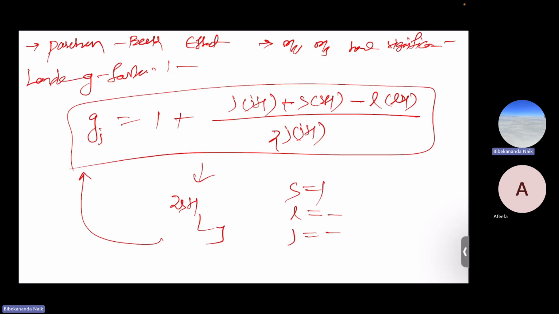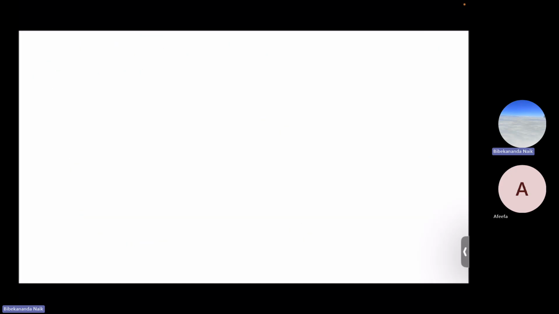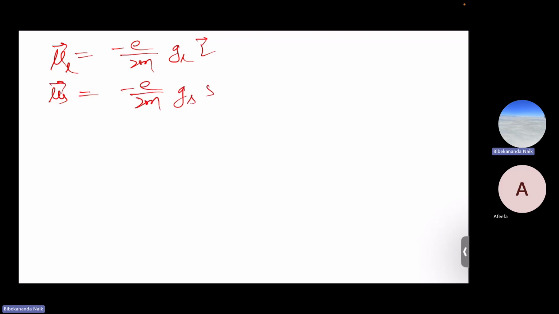Basically, how did the expression come about? The Landé g factor came from the expressions: for the mu L vector, we write minus e by 2m gL L vector; for the mu S vector, it was minus e by 2m gS S vector.